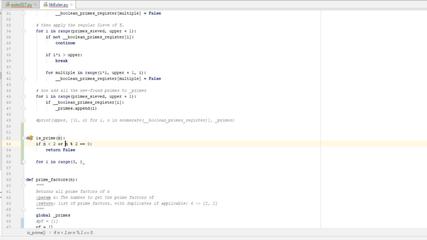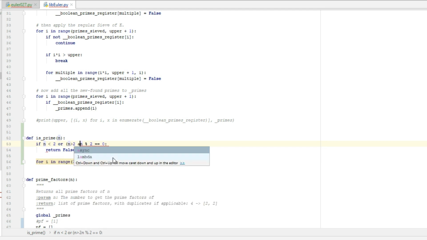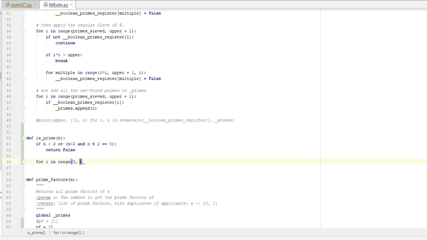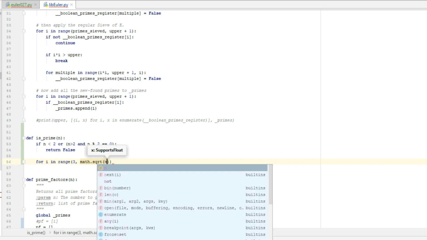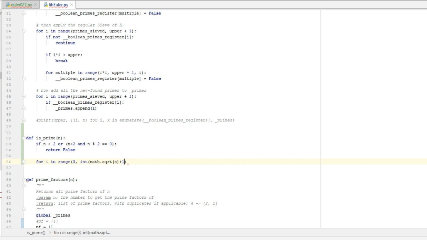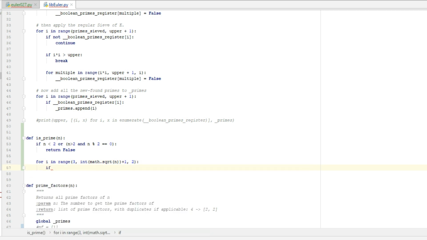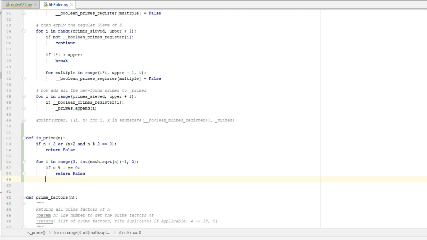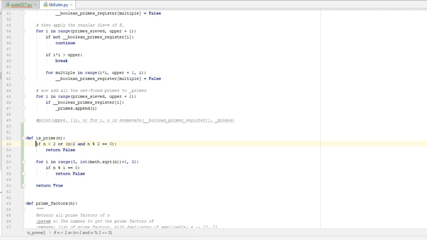2 itself might slip through this. If n is less than 2, but it will be greater than 2, or n is equally divisible... Alright, this is basically in the theory video for Euler problem 3.